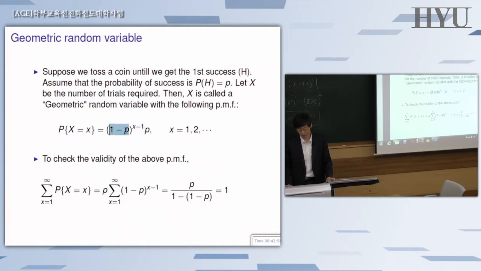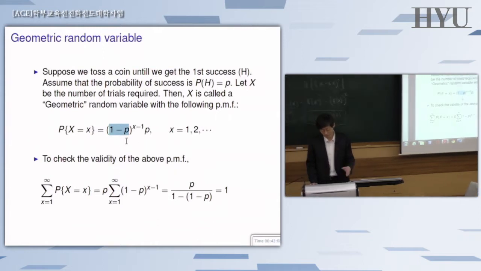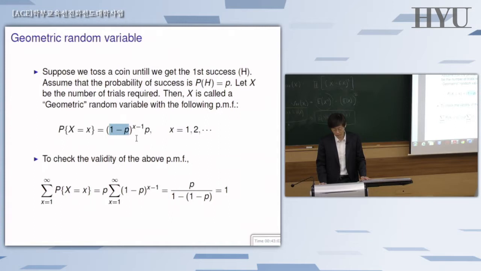So that's a failure for each of those 9 cases, 1 minus p, 9 different times. And then you try one more time at the 10th trial, finally the first success coming through. So that's p. That's how you formulate this simple probability mass function.